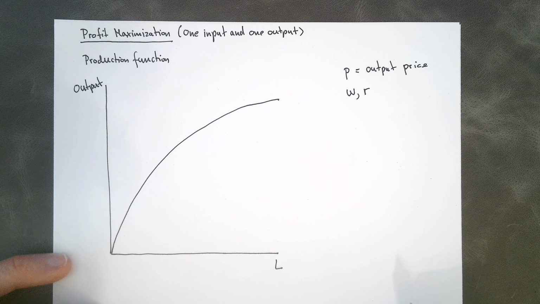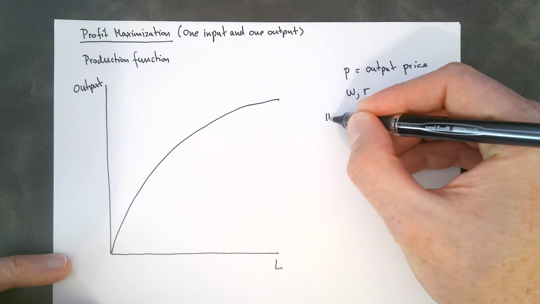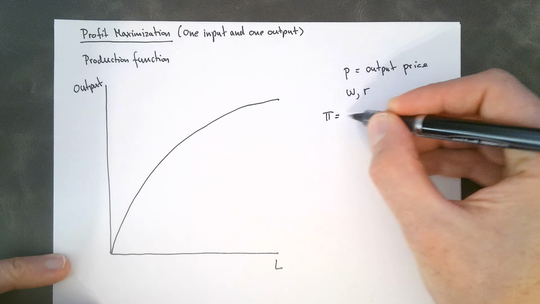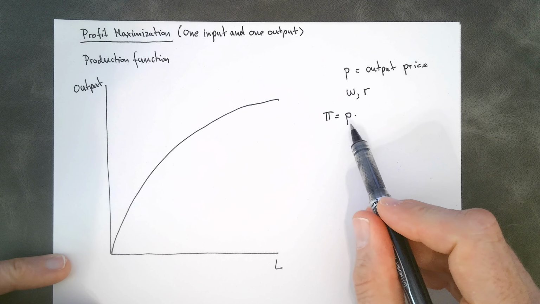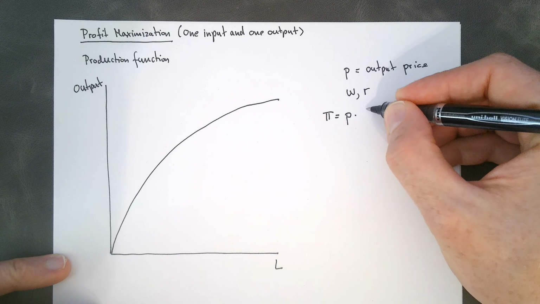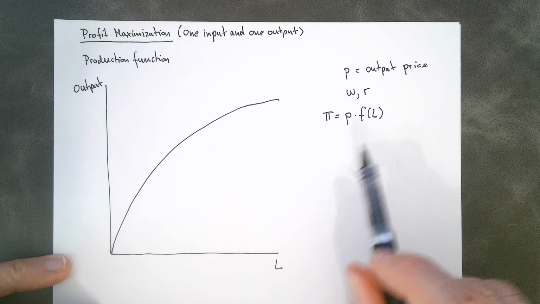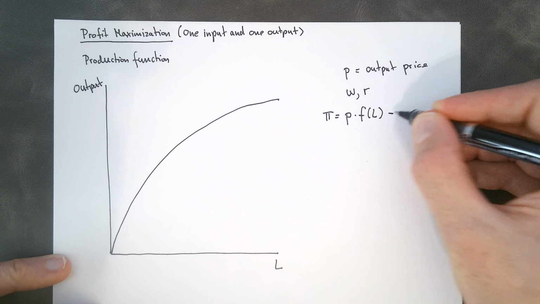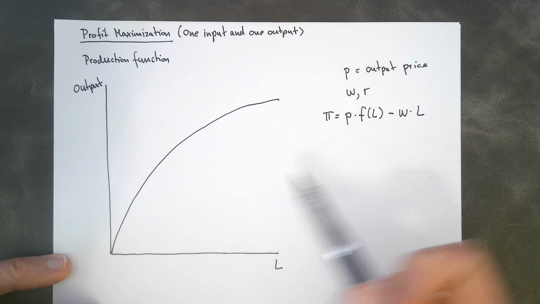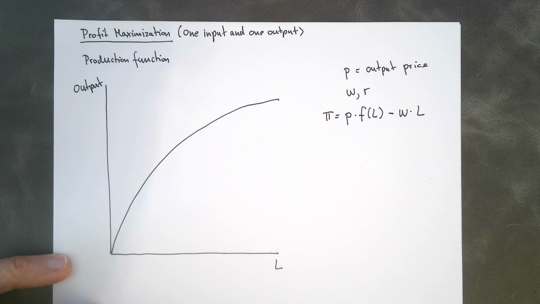Usually profit maximization, or the profit just by itself in economics, is often abbreviated with pi, and that would be the price of output times the quantity of output, which here we can simply put in the production function, minus W times L. Since we are talking about one input, we actually don't need the rental rate of capital.